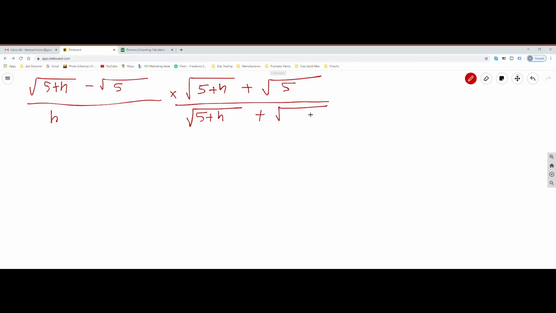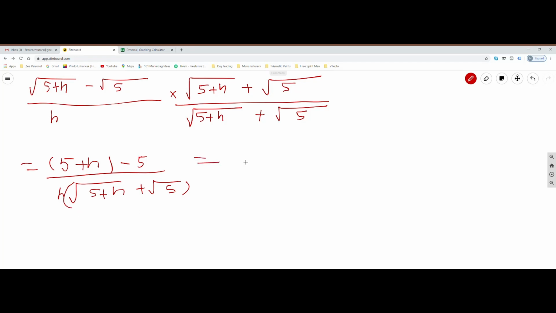When you multiply square roots, it's just the inside that remains, minus square root of 5 times positive square root of 5, which is just 5, over h times square root of 5 plus h plus square root of 5. So 5 minus 5 is 0, and you're just left with the h.